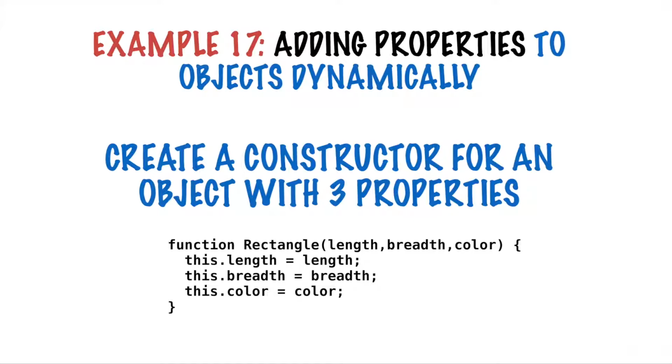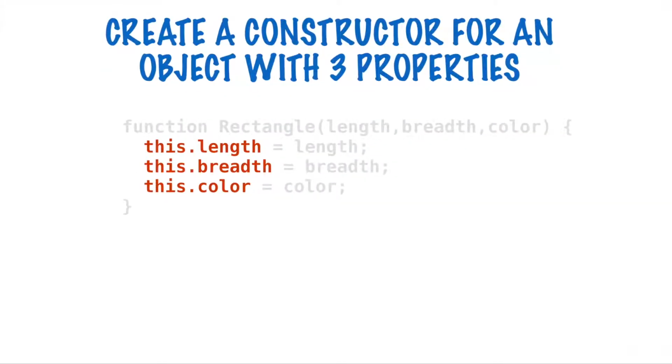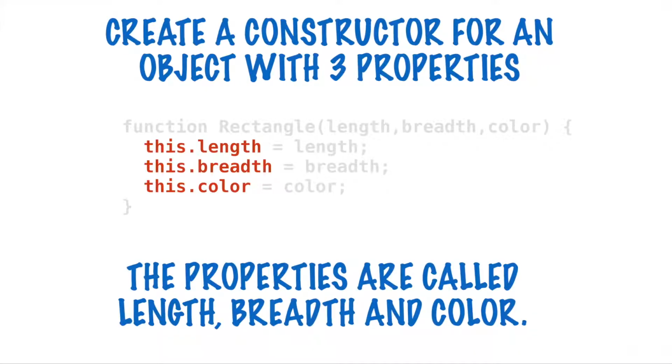Here it is on screen, function rectangle, and within the rectangle we use the this keyword to refer to the object that this object constructor is going to create. This has 3 properties: this.length, this.breadth, and this.color, which are assigned their values from the arguments of the function. The properties of the object created by this object constructor are length, breadth, and color, as you can see on screen right there.